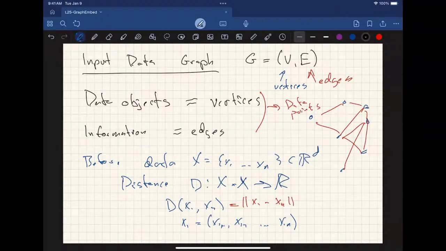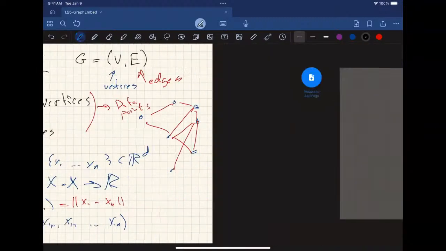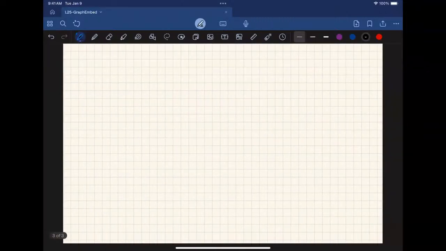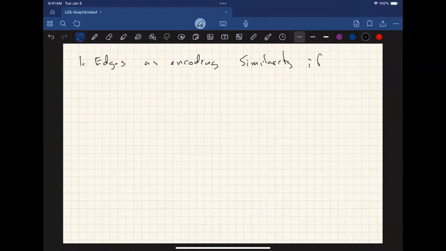There's been a different approach over the last almost 10 years that has become the most popular. We'll eventually get to that. The first approach thinks of edges as encoding the similarity in a graph.